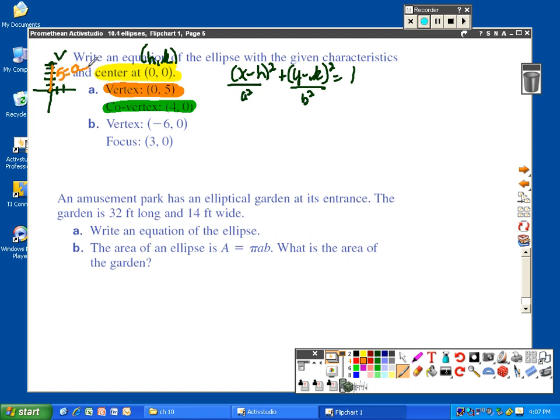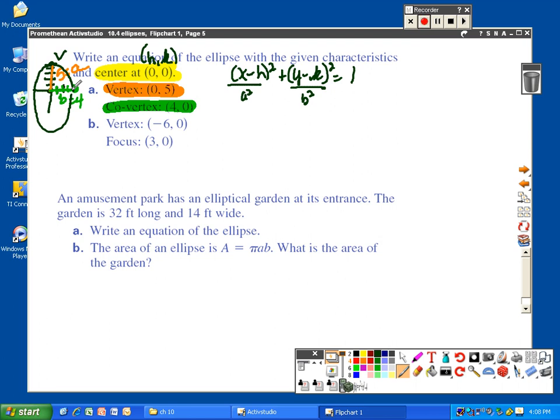And my co-vertices are (4, 0): 1, 2, 3, 4. This distance is b. So b is 4. So if I need to, I can dot my ellipse.